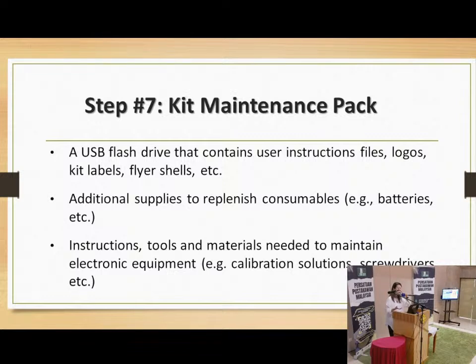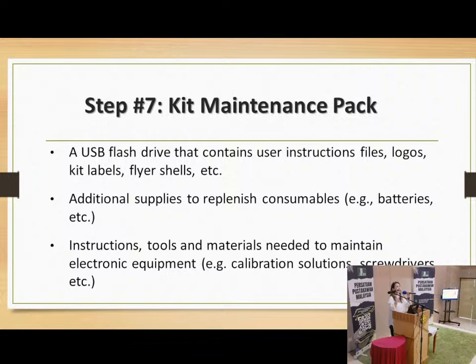And some of the tools that you will need to maintain the electronic equipment. For instance, for the water quality kit, we have the TDS meter in there. It requires 4 coin batteries. In order for you to get those coin batteries out, you need a screwdriver. Not every branch is going to have a screwdriver, let alone a mini screwdriver.